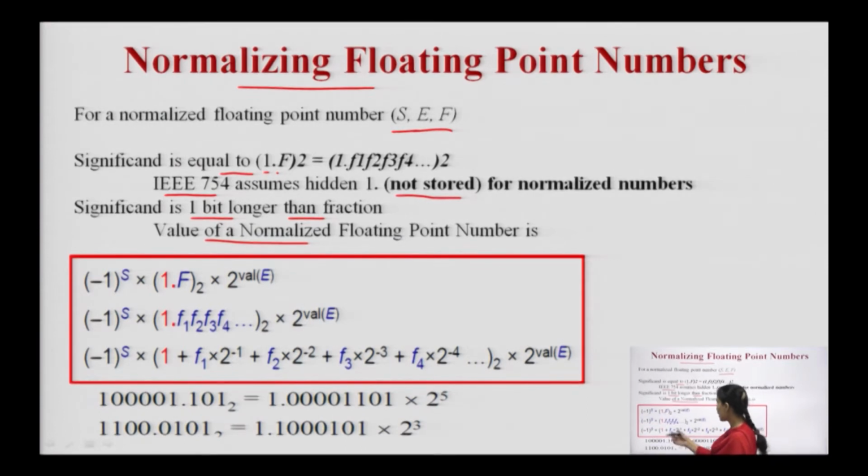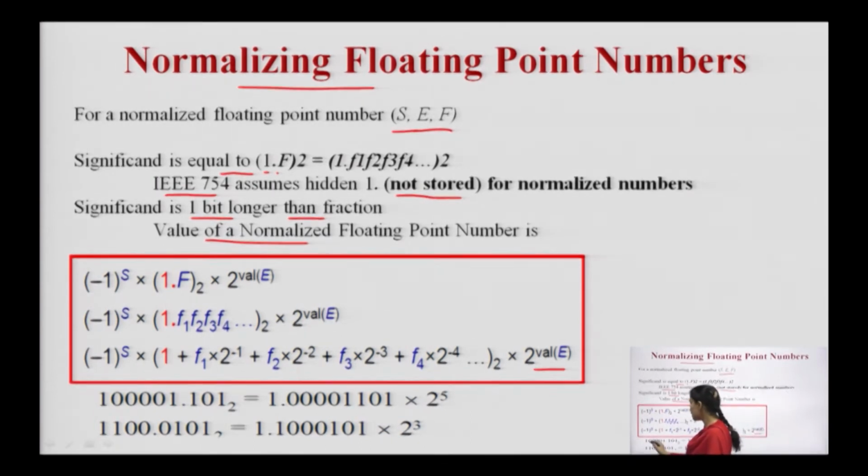If I break it down again, it comes out to be (-1)^s × (1 plus f1 × 2^-1, because it is the fractional part, plus f2 × 2^-2, plus f3 × 2^-3, f4 × 2^-4 and so on) base 2, times the exponent part 2^e. In this manner it is represented.